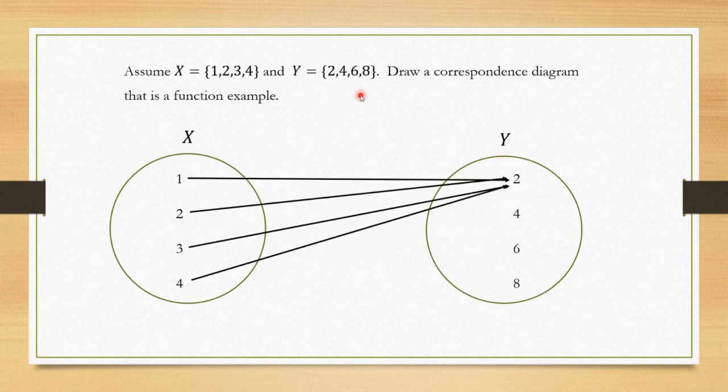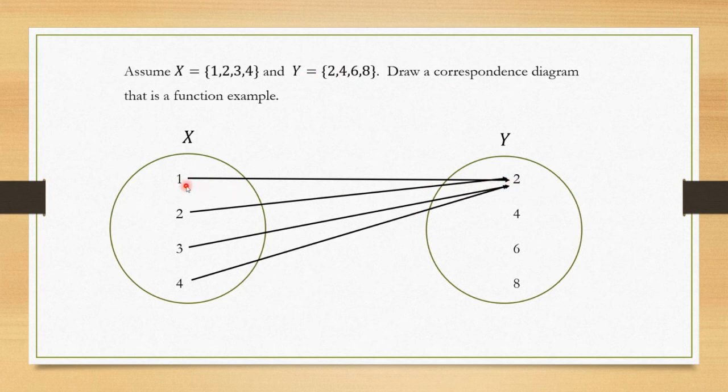Okay, and here's another example. Now this one looks a little weird, I know, right? Because it looks like it wouldn't be a function, because you have everything giving you an output of 2, but this is a function technically. Remember, each element from the first one has to be assigned to a unique element.